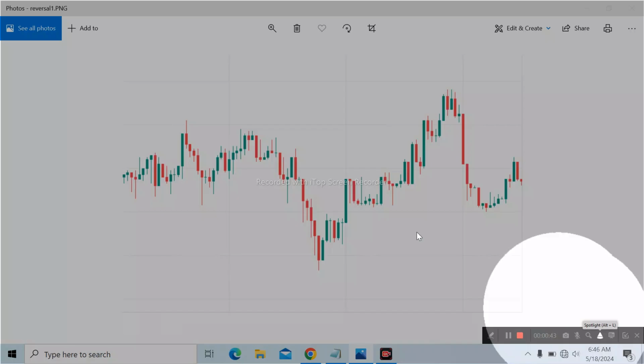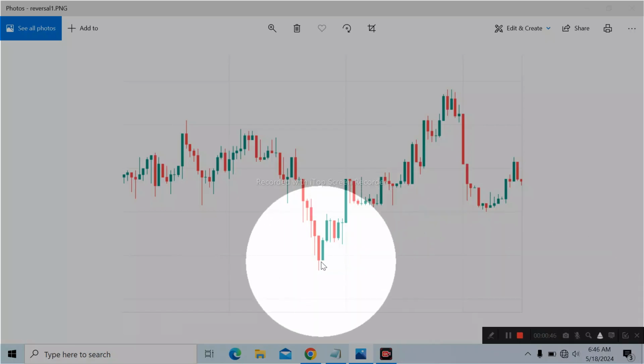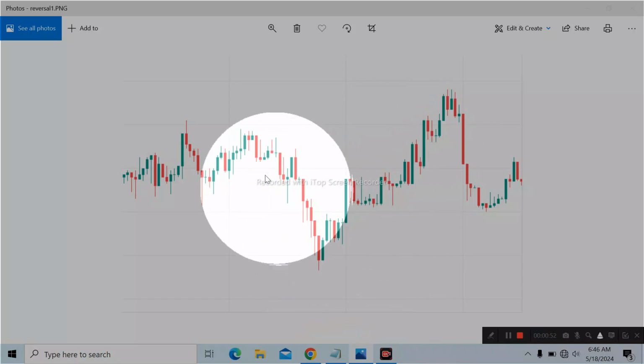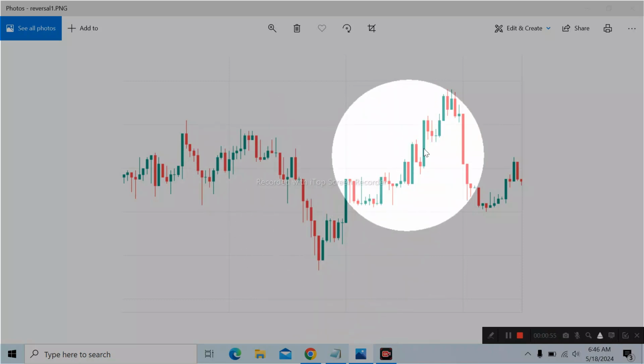This symbol signifies a bullish reversal pattern. So when you see a bearish fall to this angle, this is what it means.